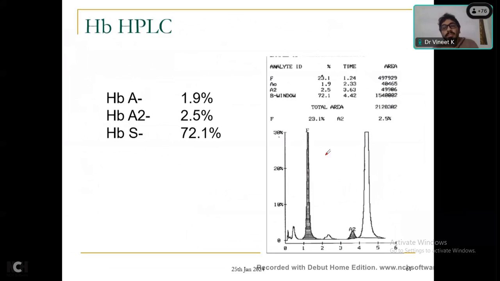Yes. Is there some other differential diagnosis? Ekta, can you think of some other differential diagnosis? Or are you 100% sure it is homozygous on HPLC? I agree with the diagnosis, ma'am. It is sickle cell anemia. Okay. Then can it be a heterozygous HbS beta thal?